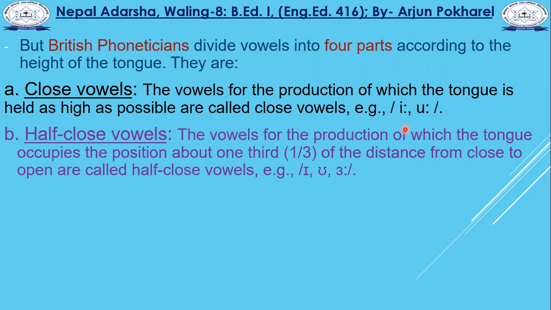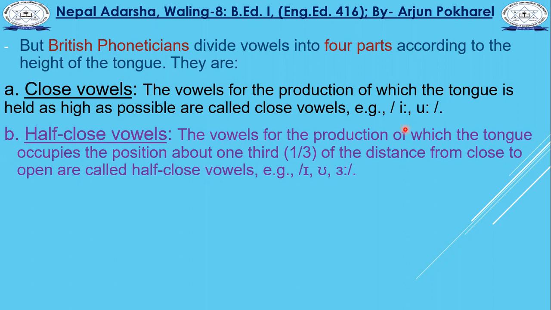The next one is half closed vowels. These are the vowels for the production of which the tongue occupies a position about one third of the distance from close to open.